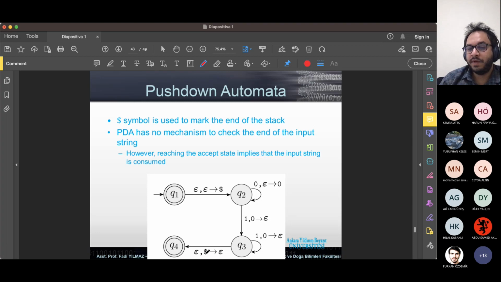So with this rule, we make sure that before reading any input symbol, we push the dollar sign to mark the end of the stack. And then we use this transition Q3 to Q4 to make sure that the dollar sign is popped before we accept the input string.